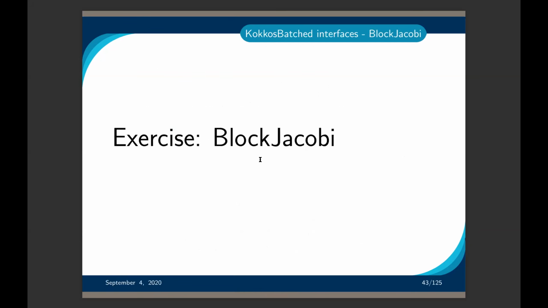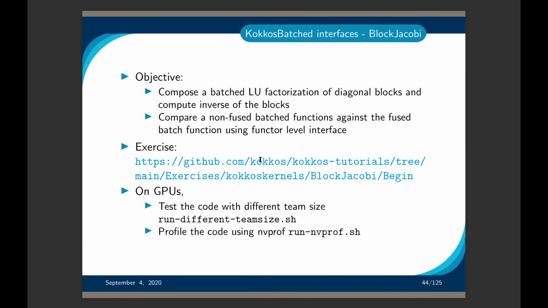So this is another example, the block Jacobi that I explained before. The objective is to compare what's better: writing all the small dense operations in a single kernel, or just writing the batched kernels and running them in a non-fused way.